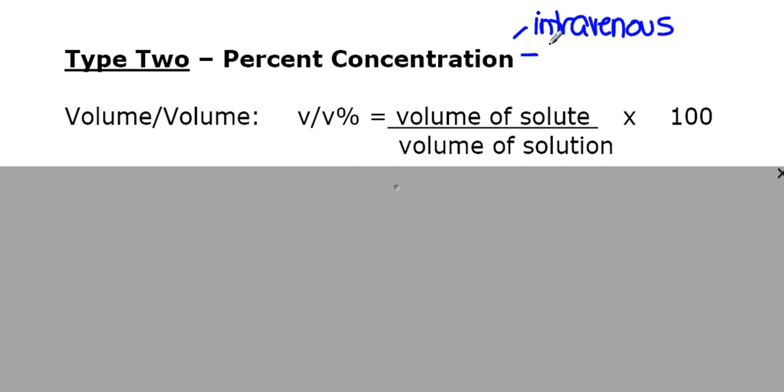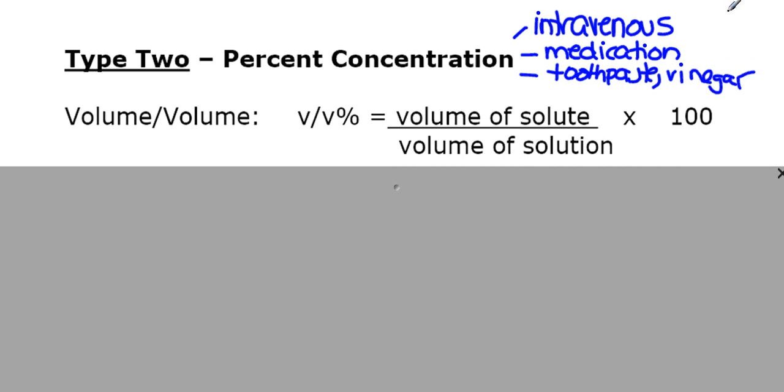This is common in over-the-counter medication, toothpaste, vinegar. If you have any of these things at home, you can take a look at the label after you learn this lesson, and you'll see the concentration expressed as a percentage on there. But toothpaste with fluoride and vinegar for the acetic acid, you'll find those percentages on there.